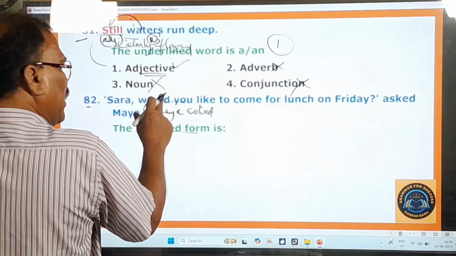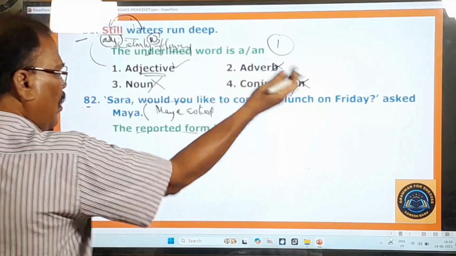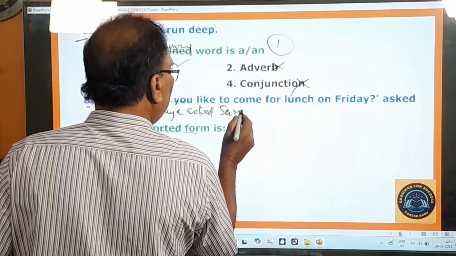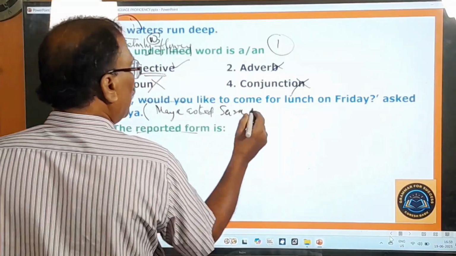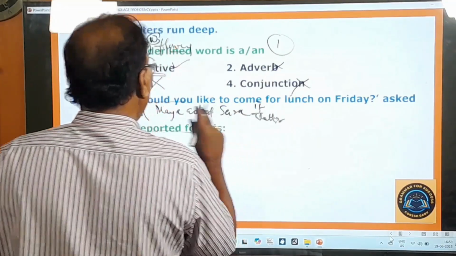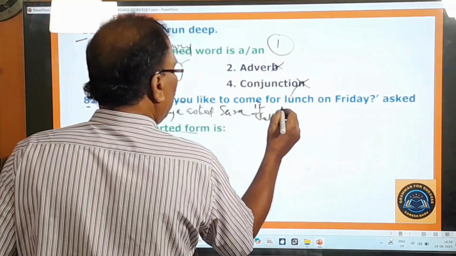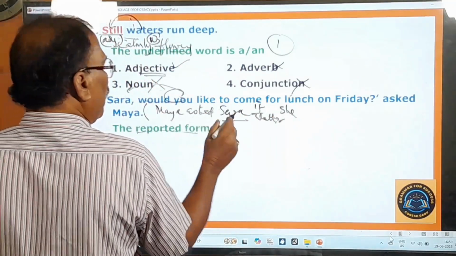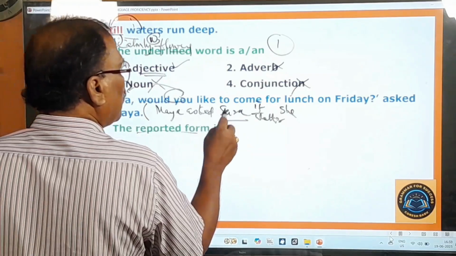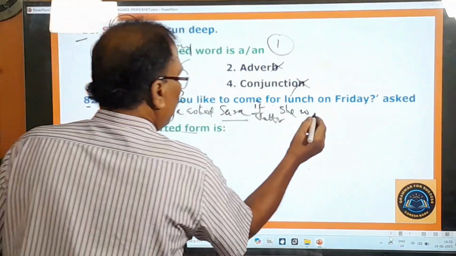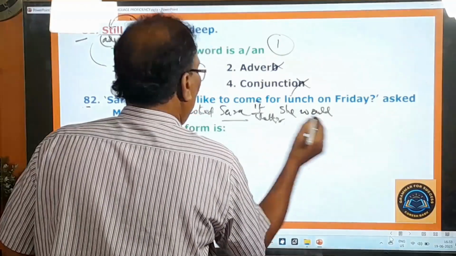So whenever that is there, said or said to must be turned into asked. Already there is asked, so asked must be used. Maya asked Sarah. So it is an ordinary question. Therefore, if or whether. She, you means who? This Sarah. So Maya asked Sarah if she would like to.